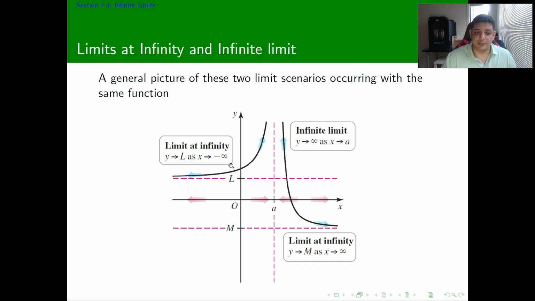On the other hand, if I go further to minus infinity, the function is going to approach a certain value L. And so that's why we say that the limit at minus infinity is L. If I go to infinity to see what happens, the more I approach larger values, the more the function is going to approach a certain value m. And so notice, as I mentioned before, the value at infinity is different from the value at minus infinity.